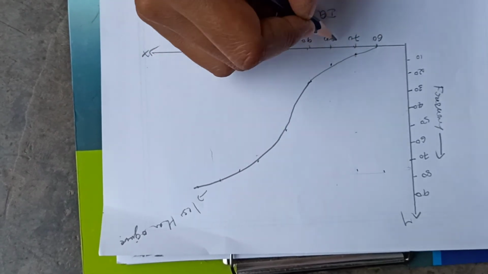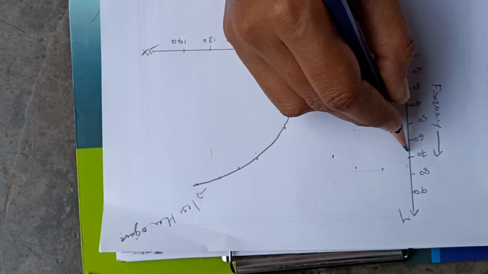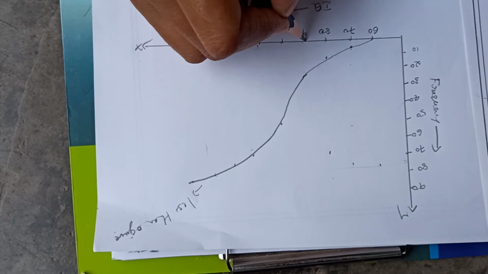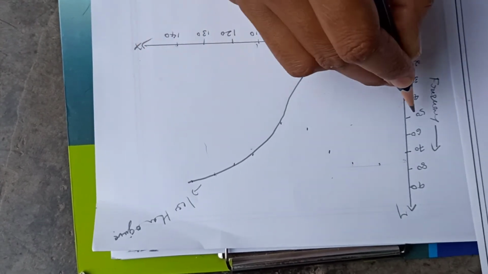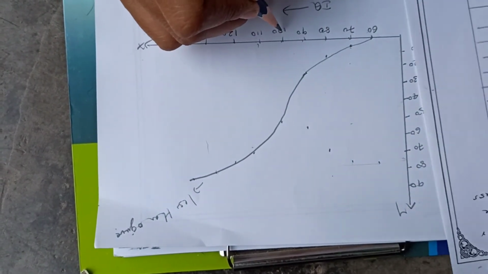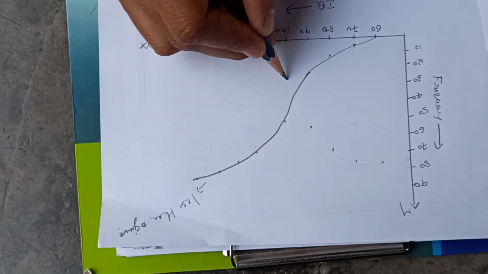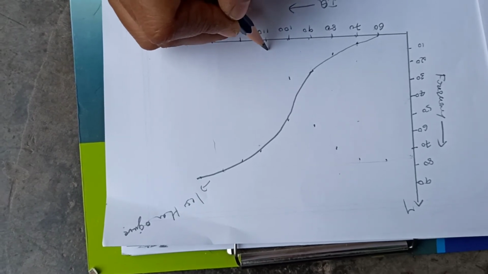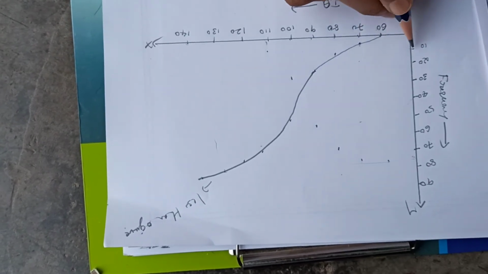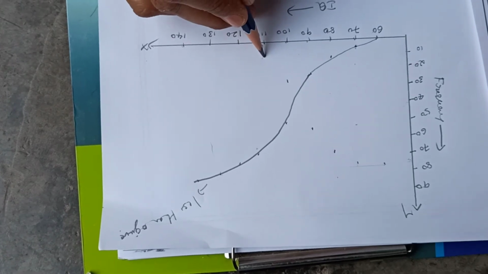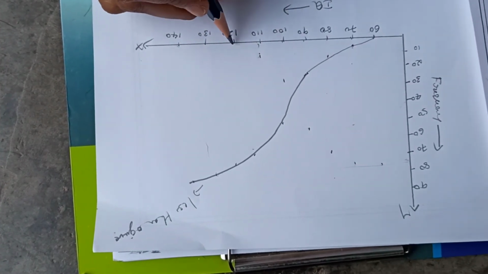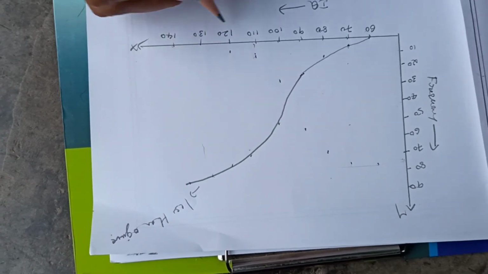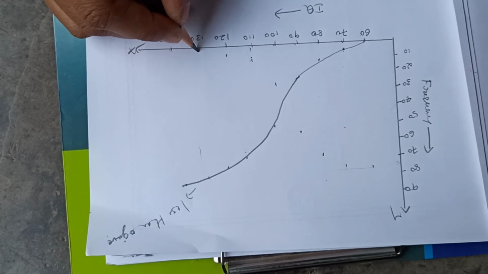More than 80 is 65, which will come here. More than 90 is 50 students, and more than 100 is 24 students. Then more than 110 is 7 students, which will come below the 10. More than 120 is only 2 people, and more than 130 is only 1 student.